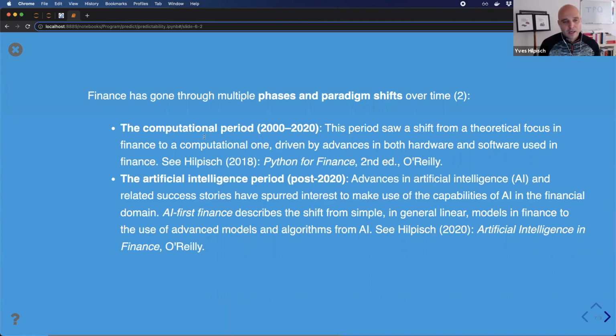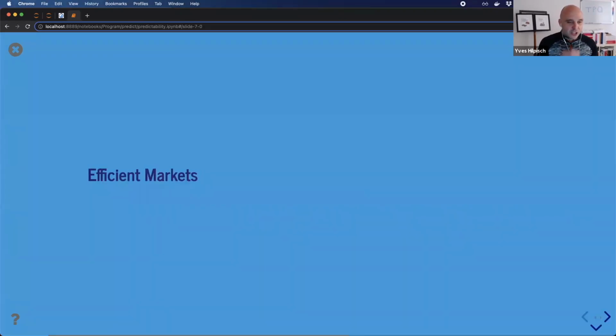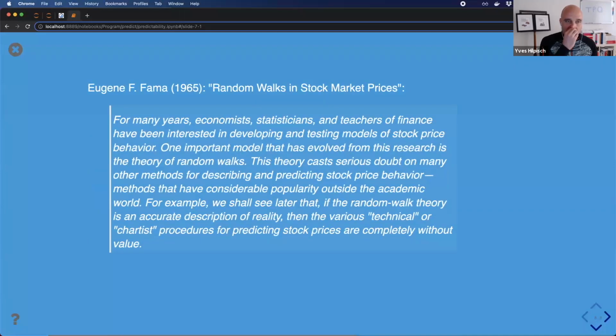And now we are entering the period of artificial intelligence in finance, where we have completely different methods suddenly available and applicable as compared to, let's say, traditional econometric methods, such as ordinary least squares regression, right? They have their limits, we all know that, and maybe AI here is to the rescue. So just a brief review of efficient markets, not going into the details here, but just focusing on the later part here.